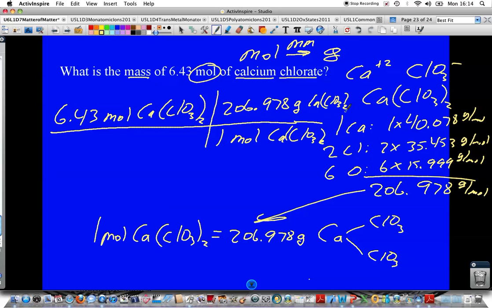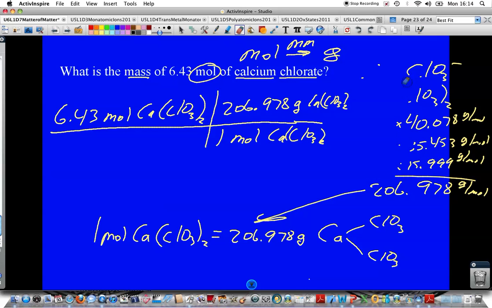I'm going to erase some of this so that I can have a little more room. Then I have moles of calcium chlorate on the top divided by moles of calcium chlorate, so it cancels out and goes away.